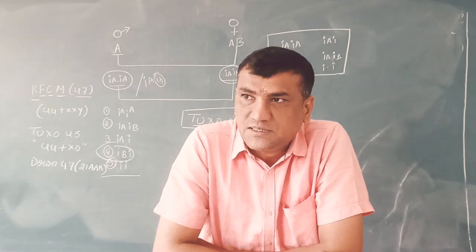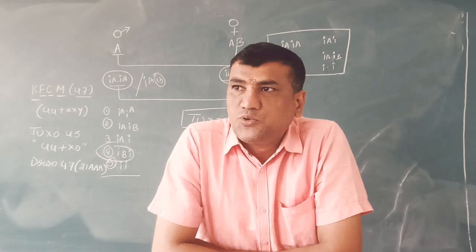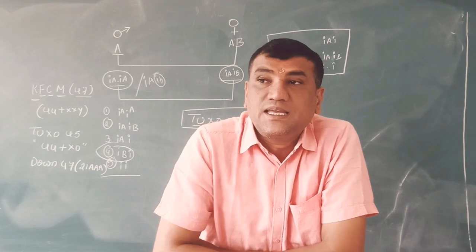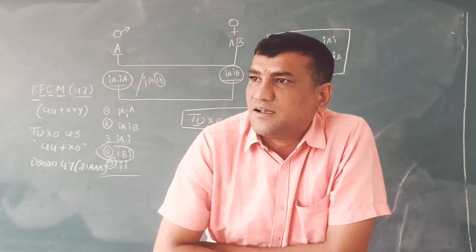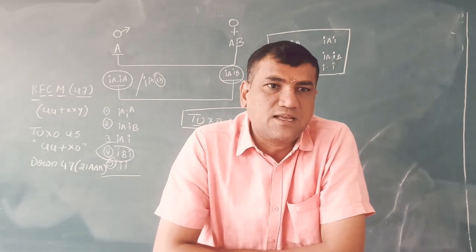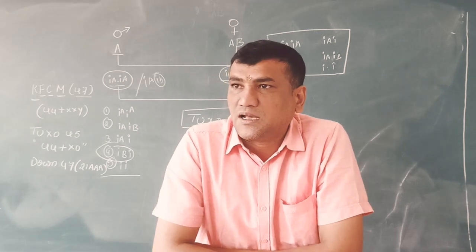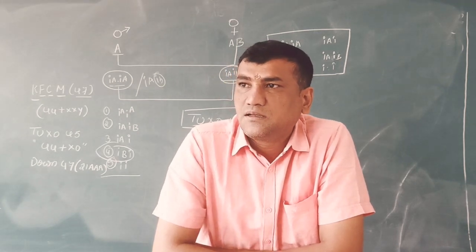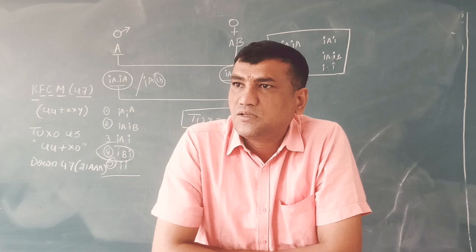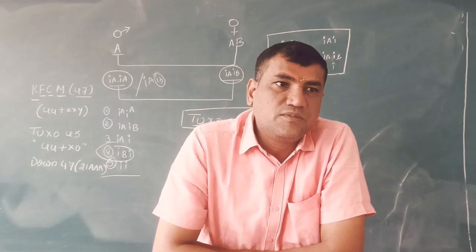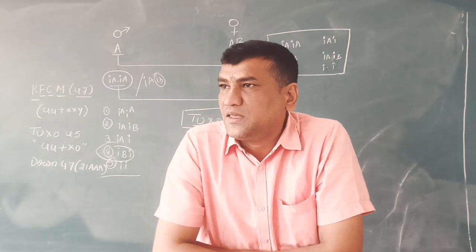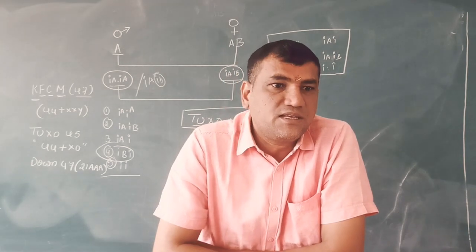Polygenic inheritance means when more than two genes are responsible for a single character, like color of the rats, skin color of the cows, skin color of the humans, hair color of the humans, hair nature of the humans.